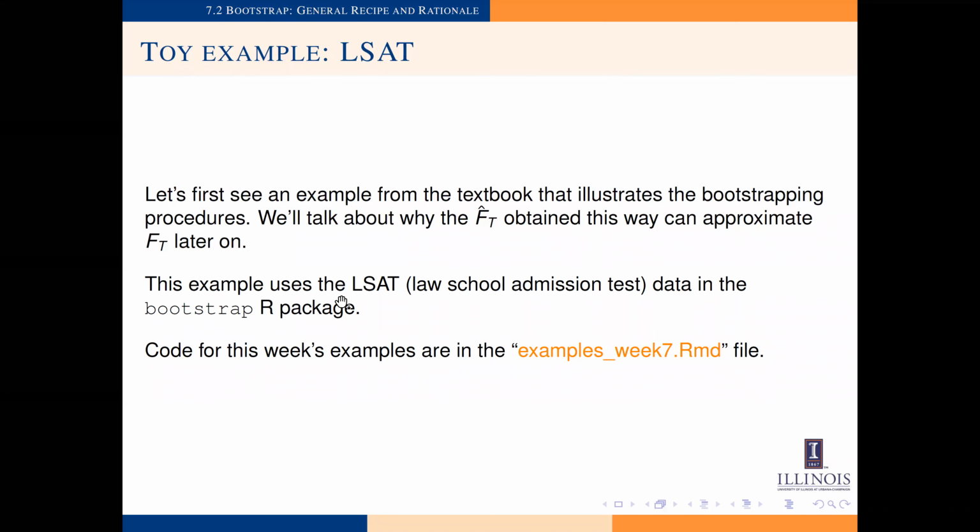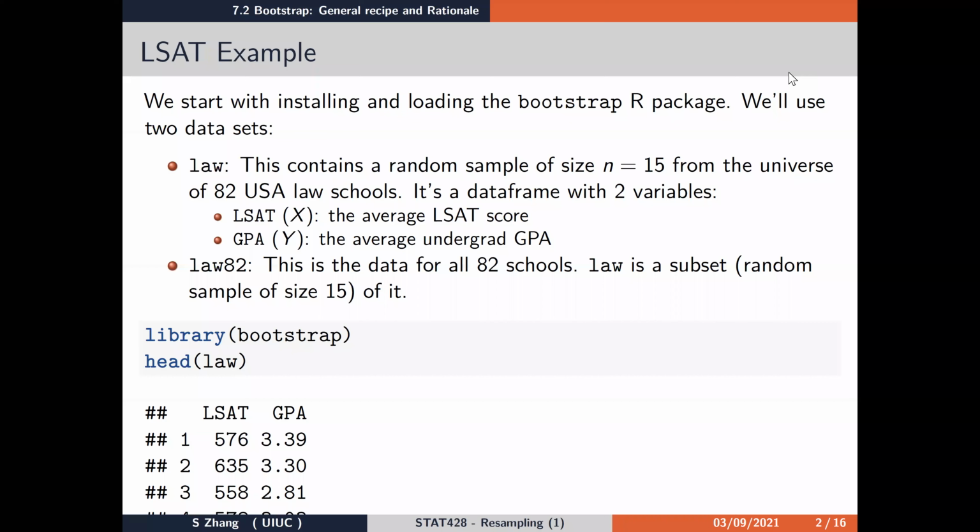This example for LSAT, the law school admission test data, requires using the Bootstrap R package. There is a data set called law inside this R package that we will use. The code for this week's example is available in the examples week 7 R markdown file.